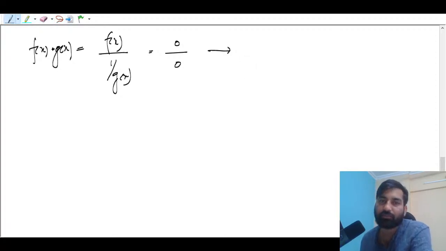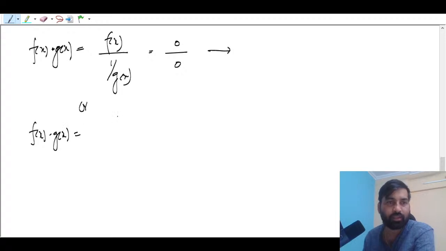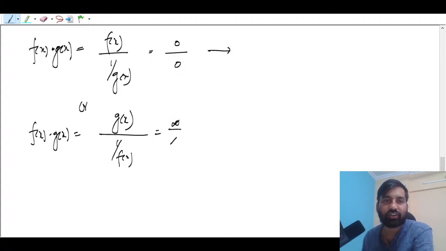Or you can write f(x) into g(x) by keeping g(x) as it is, and writing 1 by f(x) in the denominator. So this is nothing but infinity by infinity form.